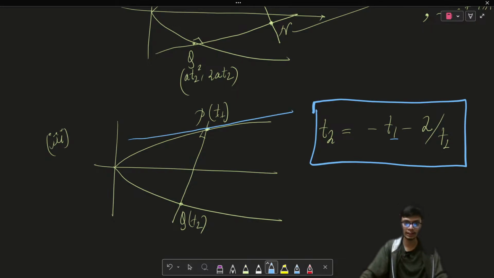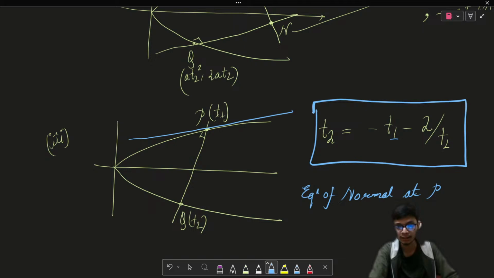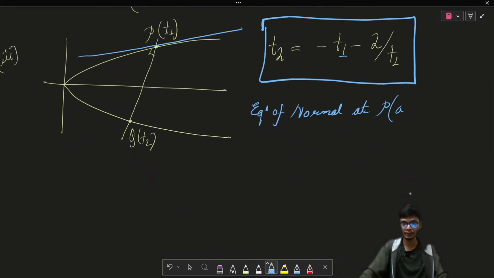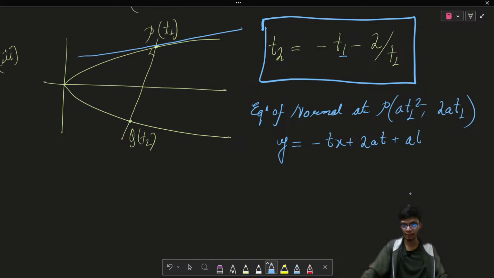Let us write the equation of the normal at point P, which is given by the parameter t1, that is (a t1 square, 2a t1). The equation of the normal is y = minus t x + 2at + at cube.